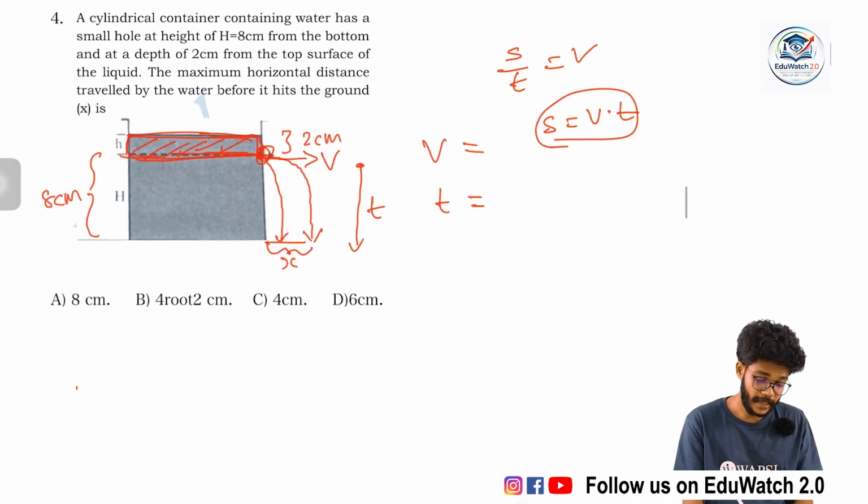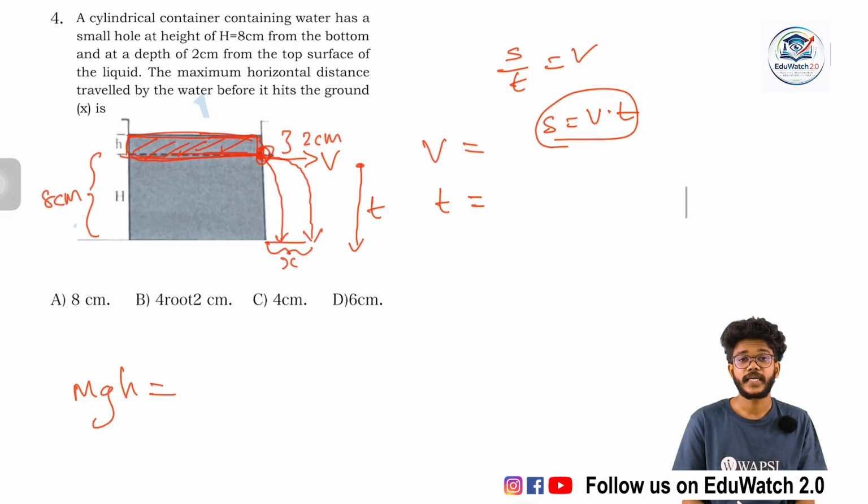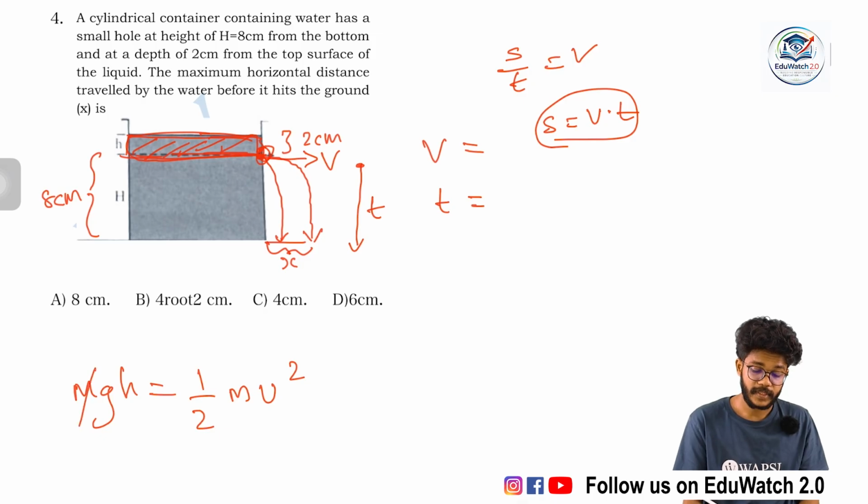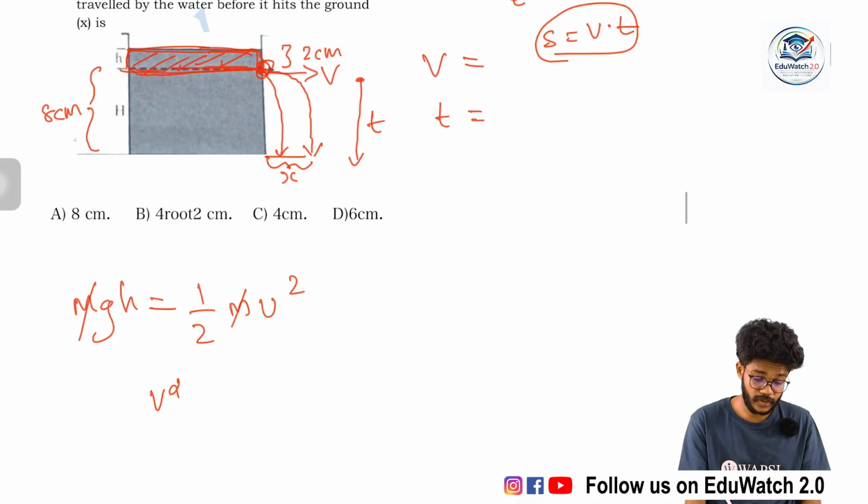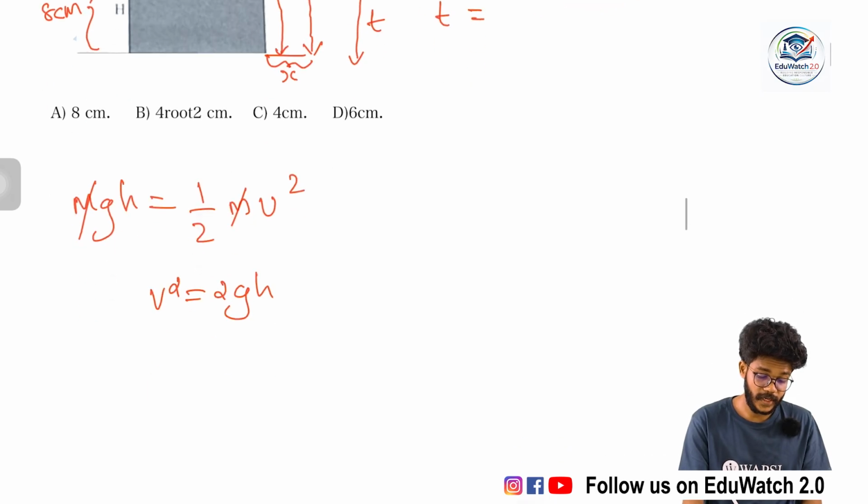We don't know. mgh, the maximum potential energy, will transform to the kinetic energy, which is half mv square. m and m can be cancelled, and v square is equal to 2gh, so v is equal to root 2gh.